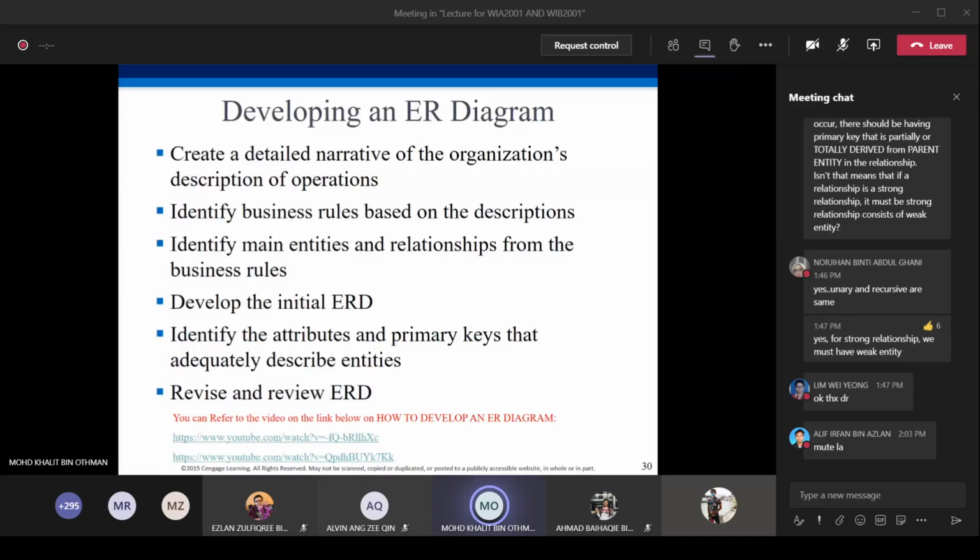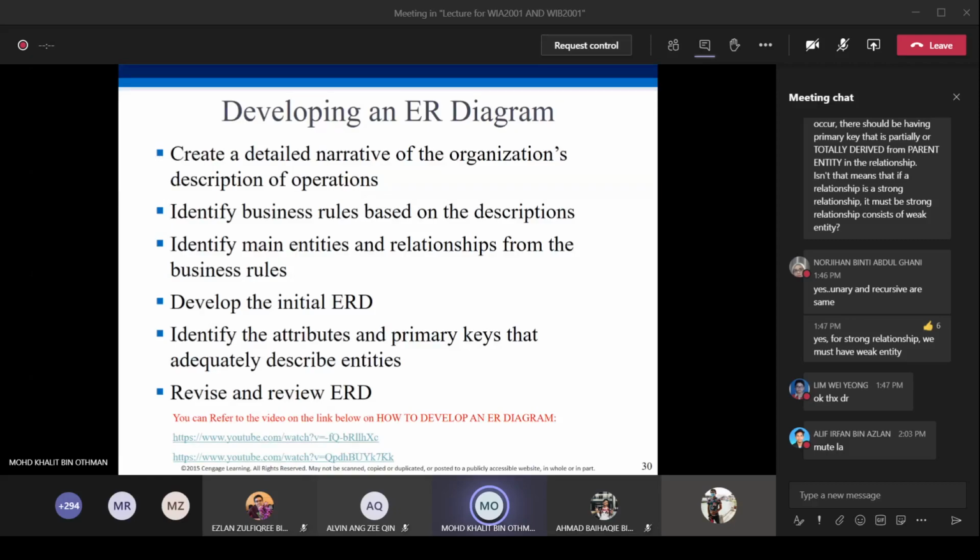Okay. So class, here I give a link that you can refer to. The link is related to a video on YouTube. So you can refer to this link on how to develop an ER diagram.